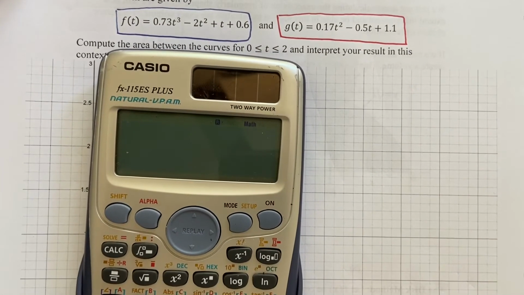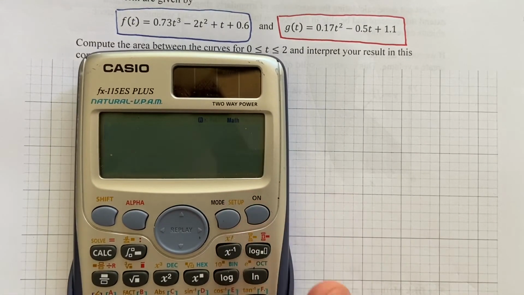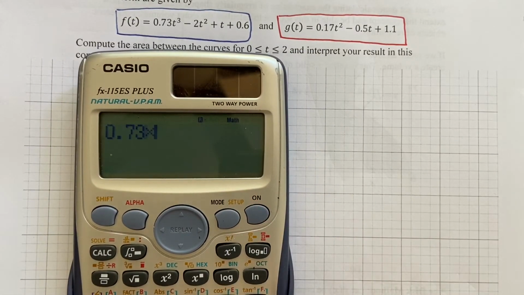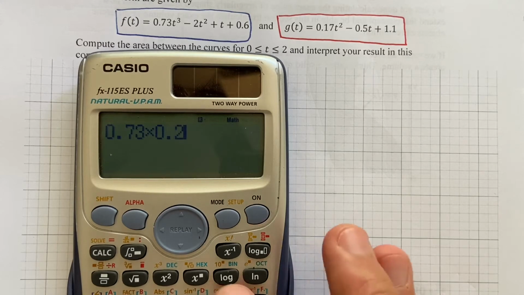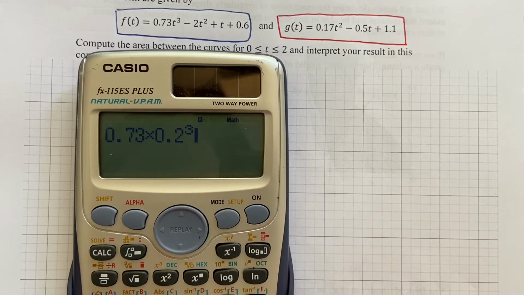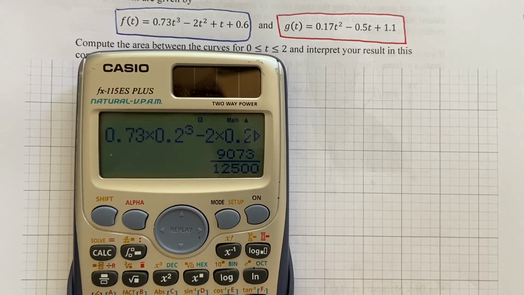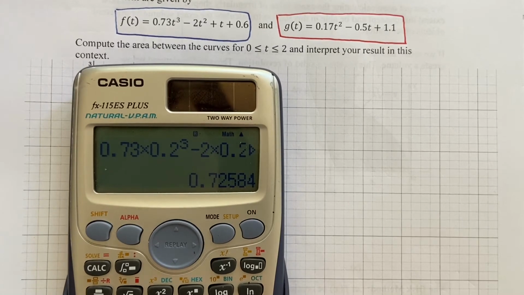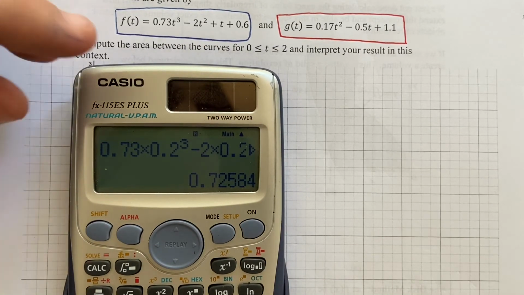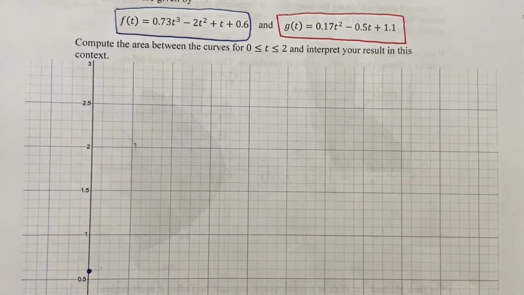Let me just show you what I'm doing. 0.73 times 0.2 cubed minus 2 times 0.2 squared plus 0.2 plus 0.6. Please give me a number. All right. So about 0.72 blah, blah, blah. I'm going to graph that at about 0.7.